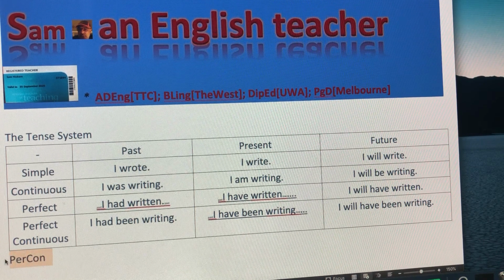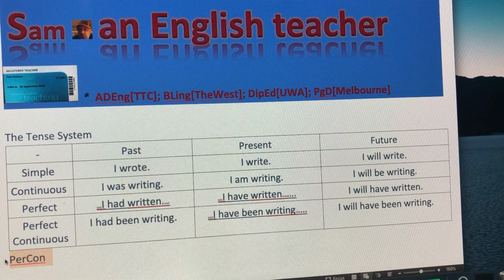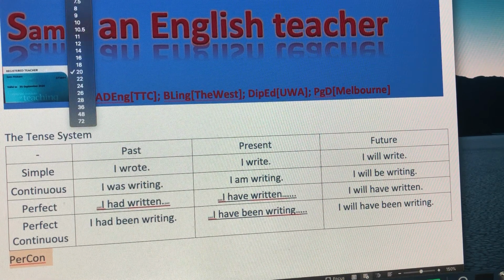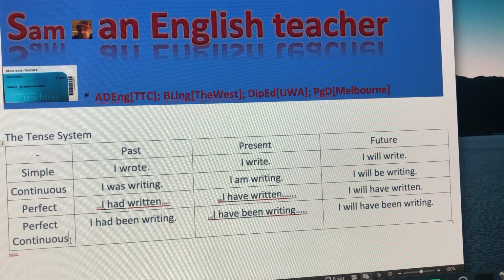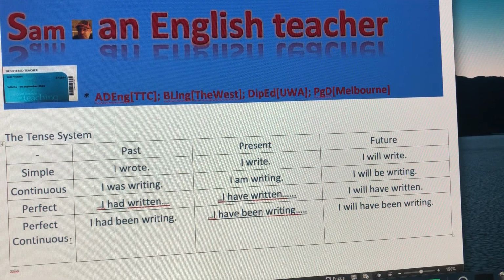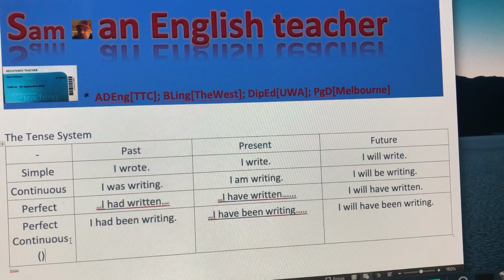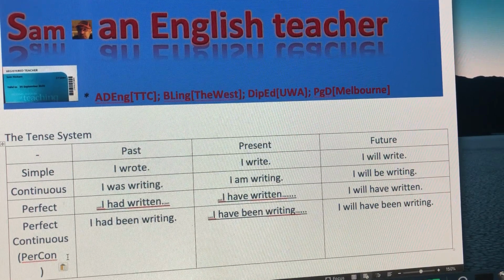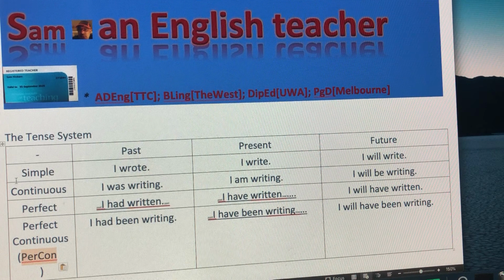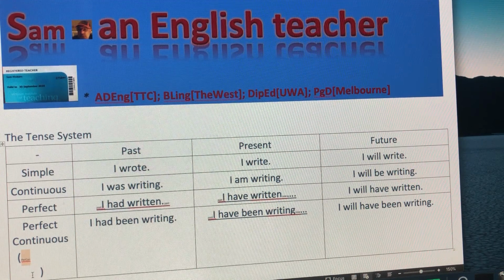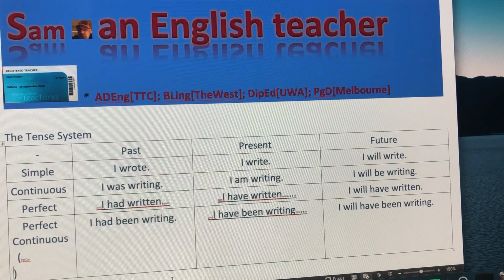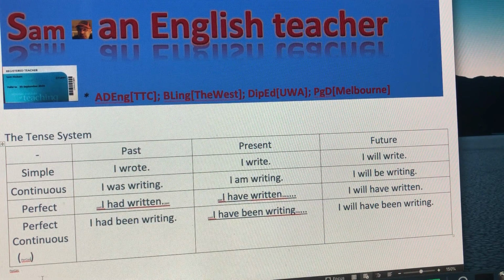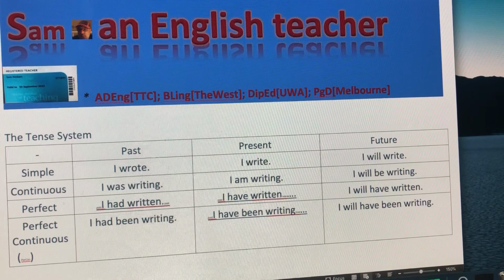And that would be for... Let me just put this in here, make it 5, and put it in brackets, and here we go. All right, and this one, per con. Okay, so you can call it per con.